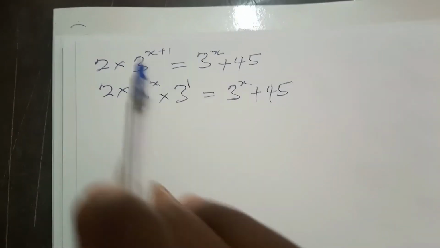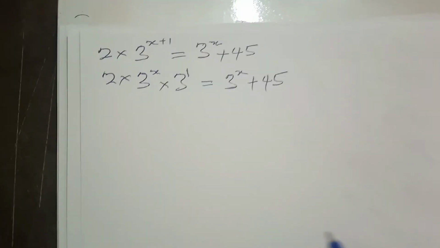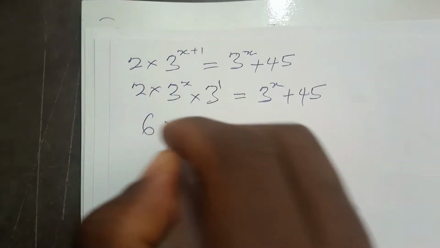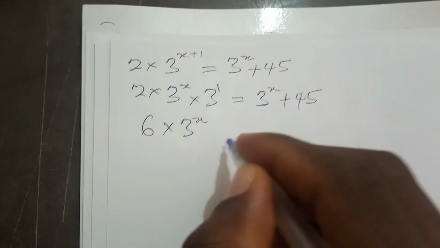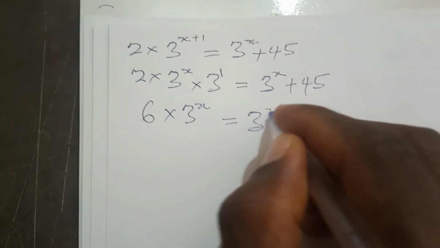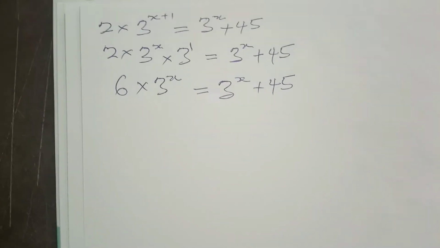So this is 2 and 3 exponent 1 is also 3. So that is going to give us 2 times 3, which is 6 times 3 exponent x. And that will be equal to 3 exponent x plus 45.